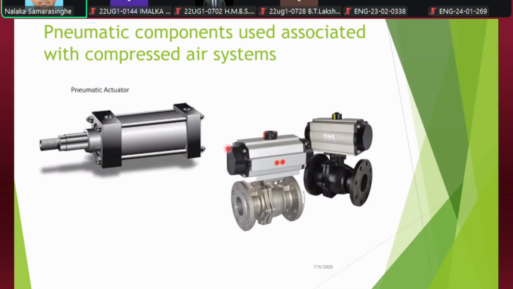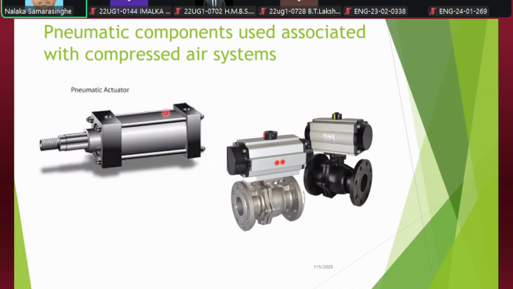And these are some of the components, actuators operated by compressed air lines. This is a pneumatic actuator. There are some other components also, like pneumatic motors and rodless cylinders, single acting and double acting cylinders, and also some pumps. Previously I showed you a diaphragm pump.